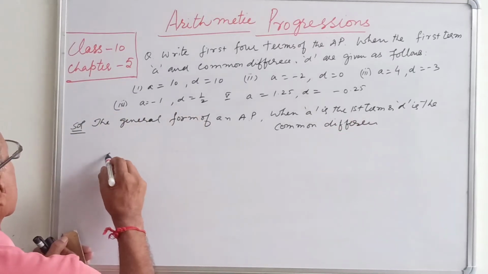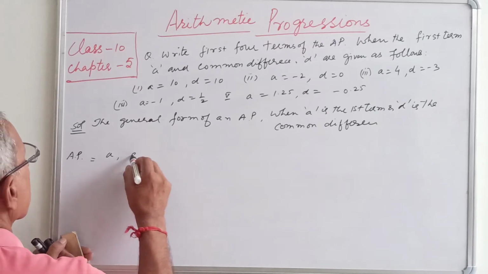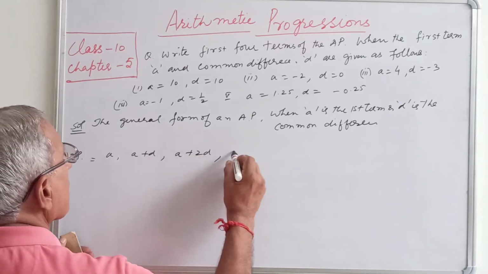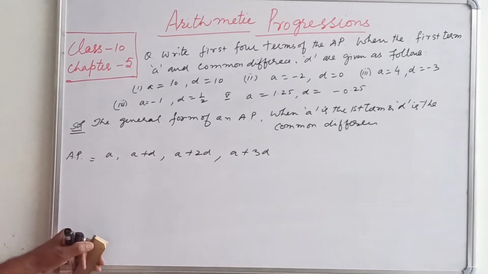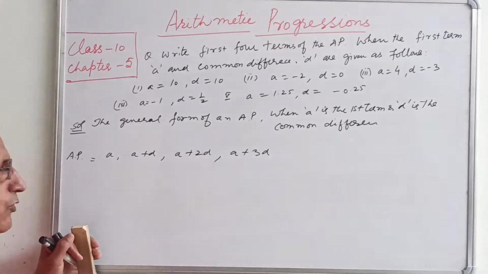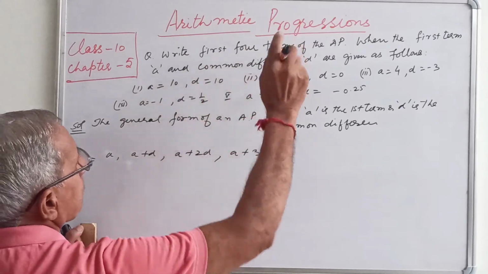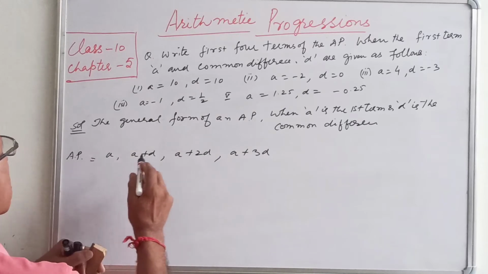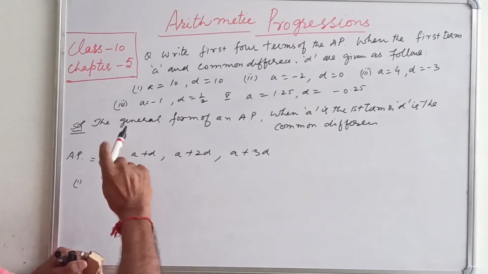So the AP will be A, A plus D, A plus 2D, A plus 3D. These are the 4 terms of the AP. The general representation for the first 4 terms of an AP, because we have to write the first 4 terms of the AP. So in the first case, substituting the values of A and D in the given statement.